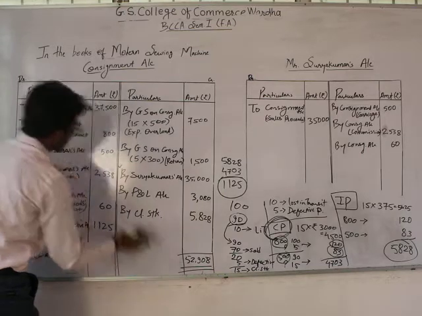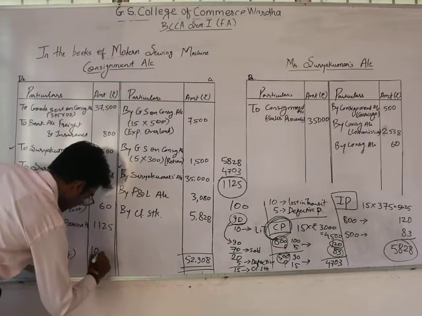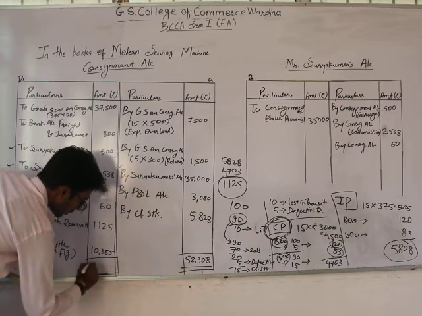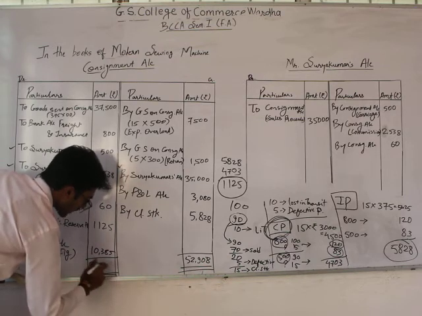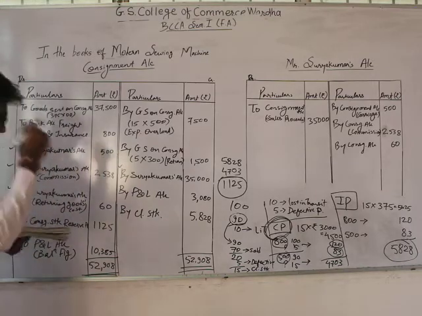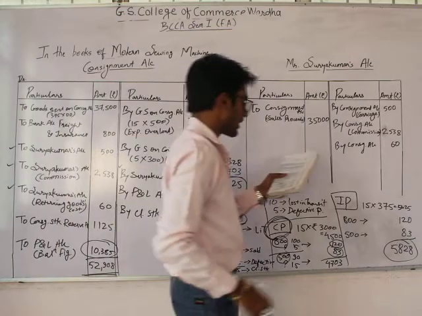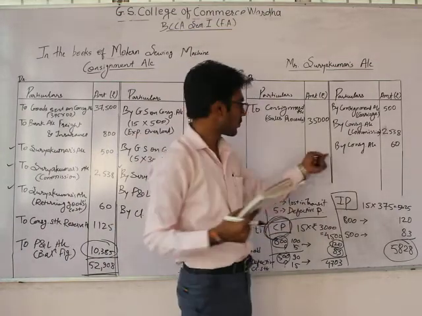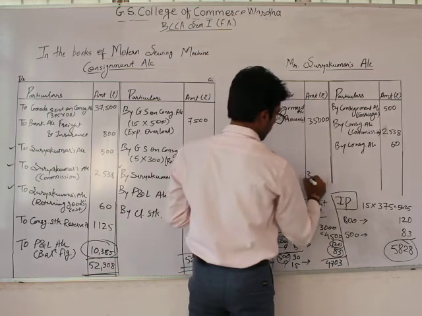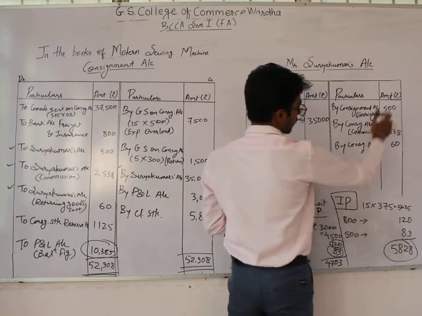This minus this figure will be 10385. Okay, on both sides we have to write the bigger figure. Done. So this is your balancing figure, this is your profit. And we have to calculate balance c/d for this. So total of debit side is 35,000, and we have to subtract this from this.